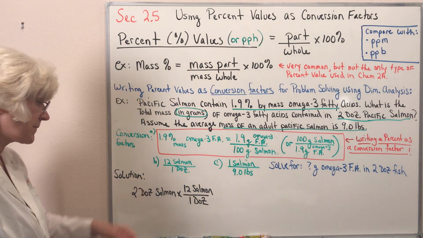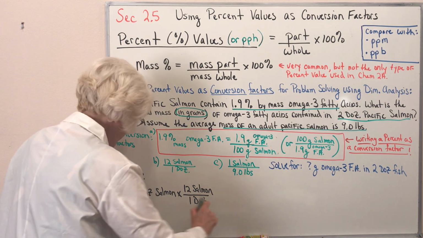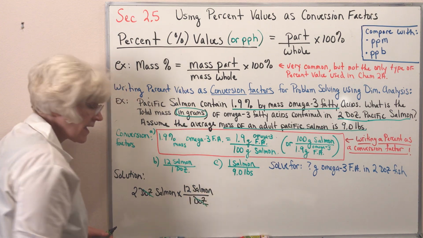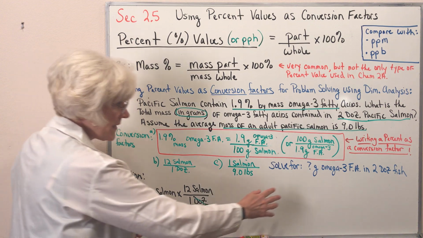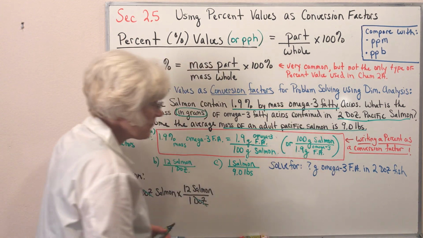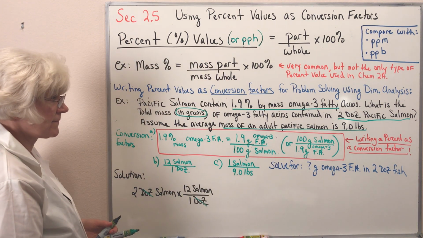So if I stop my setup right now, my dozen units cancel, and I know how many total number of salmon I'm looking for. But I'm trying to get to grams of omega-3 fatty acid.